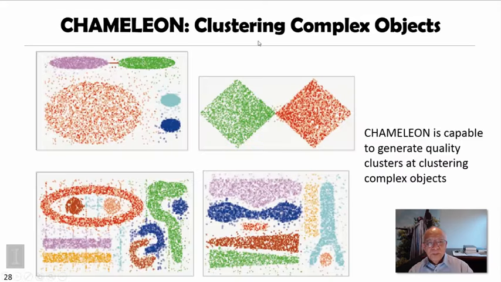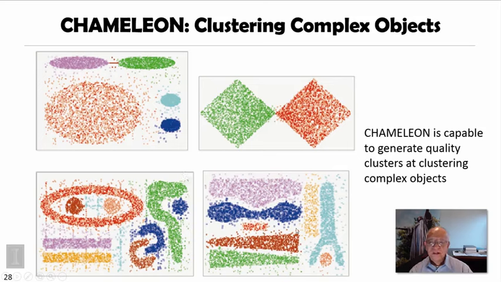Then, based on the implementation and experiments, we can see CHAMELEON can cluster complex objects like this. These are points with different densities, different shapes, as well as lots of noise points. Even with different shapes, different densities, and different noise, we can still see CHAMELEON generate pretty high quality clusters.